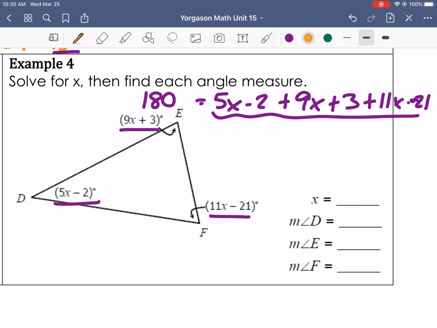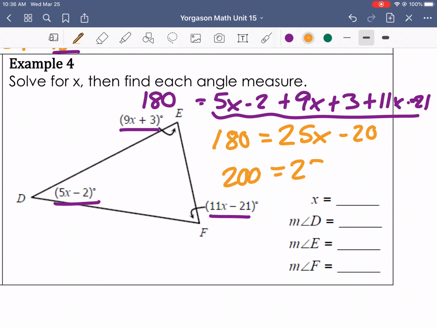We'll have 5 plus 11 plus 9, that's going to be 25x. Negative 2 plus 3 is 1, minus 21, that's 25x minus 20 equals 180. If we add 20 to both sides, we get 200 equals 25x. Divide both sides by 25, and we get that x equals 8.